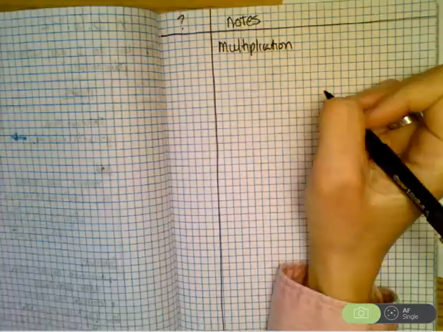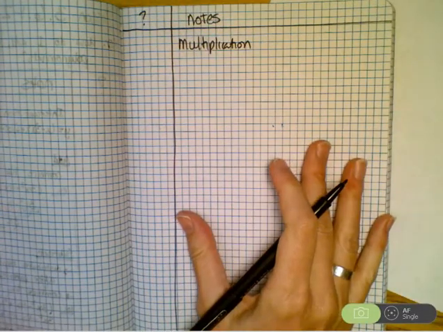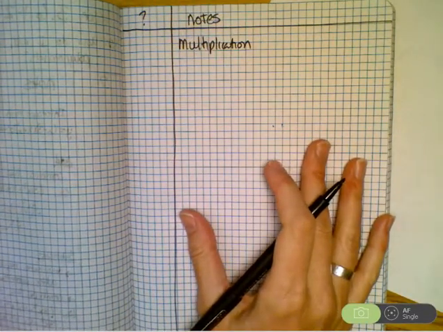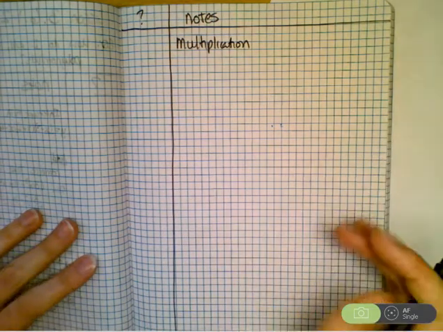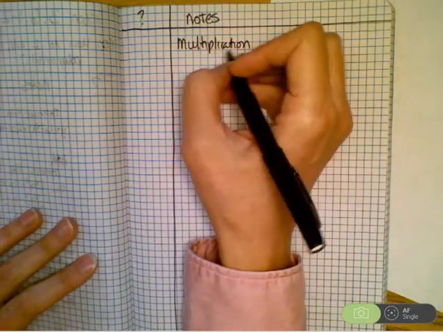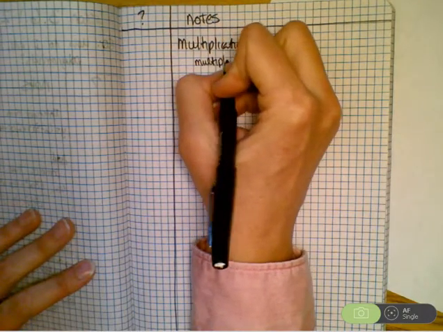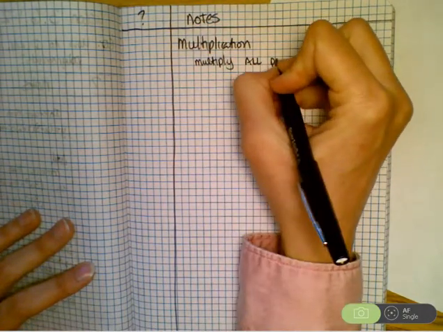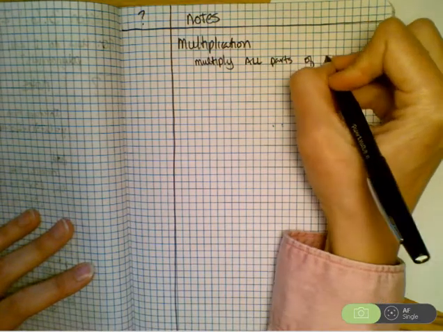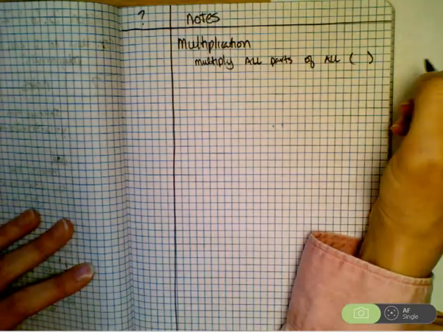Again, multiplication is not too difficult. Most people remember some of this from Algebra 1, so you should be in pretty good shape. When we multiply, what we want to always do is multiply all parts of all parentheses.